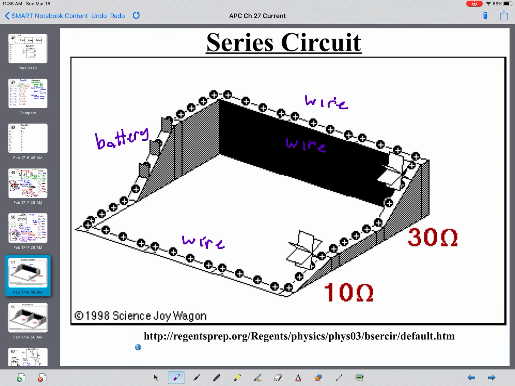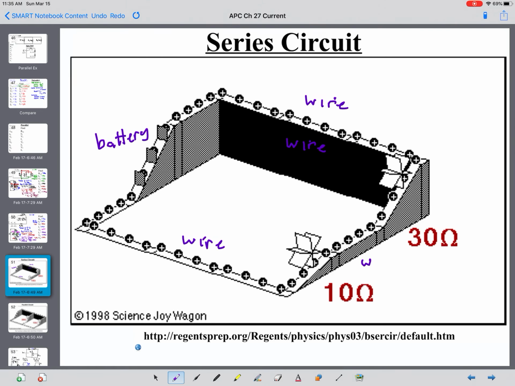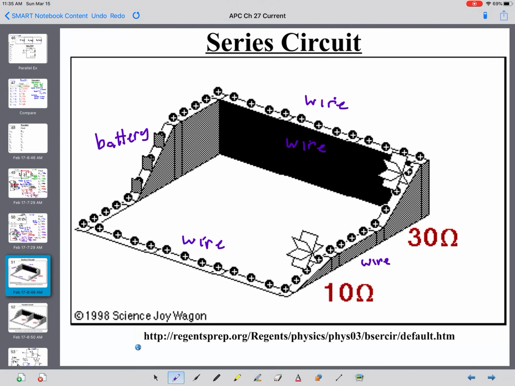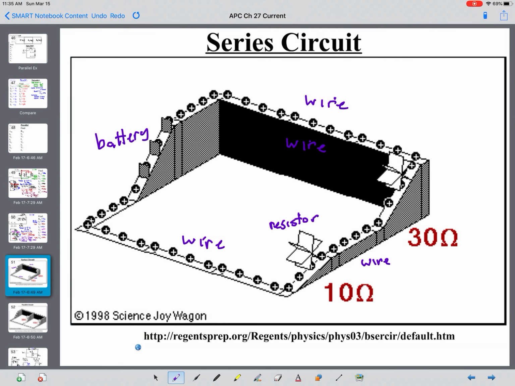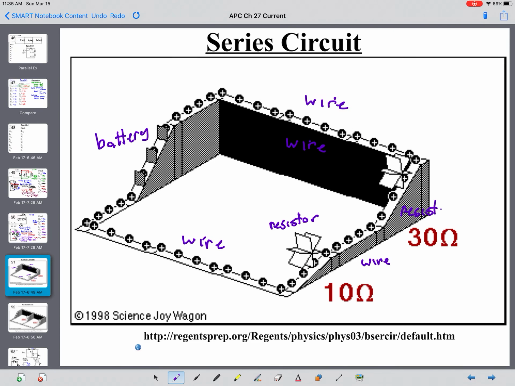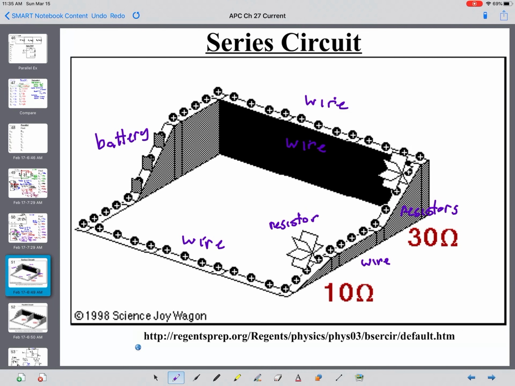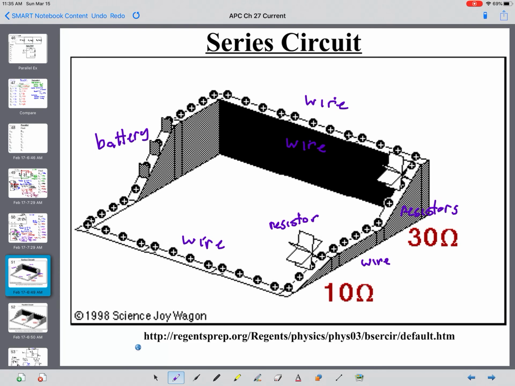This would be a wire between your resistors. Your turning wheels would be a resistor. So you'd have two resistors, and each of those resistors are impeding those charges from moving.